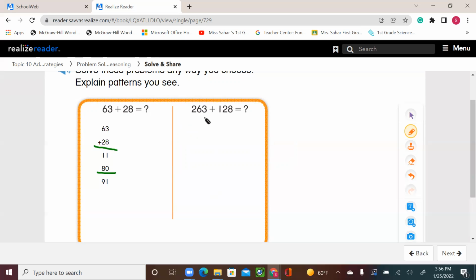Okay, let's see the second question we have. So what do we have for the second one? We have 263 plus 128. Okay. So again, my ones, 3 plus 8 equals 11.